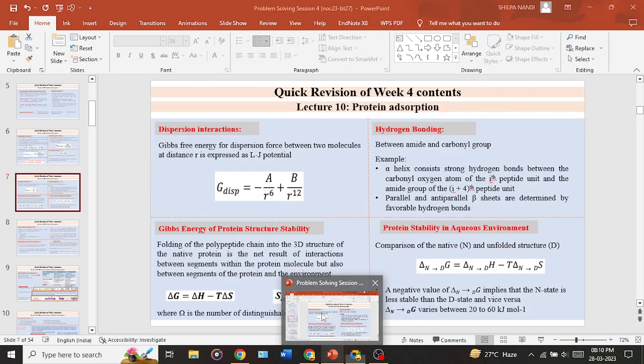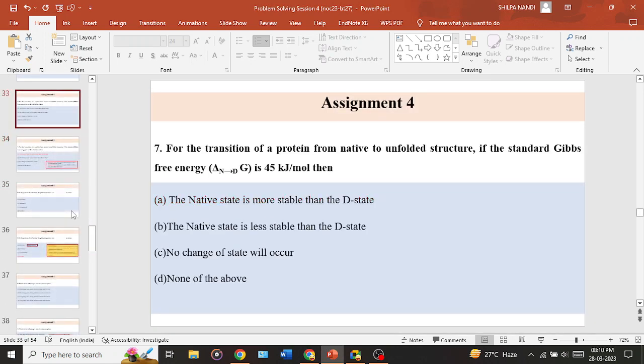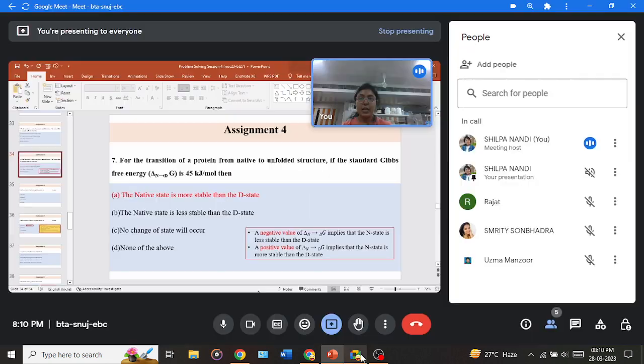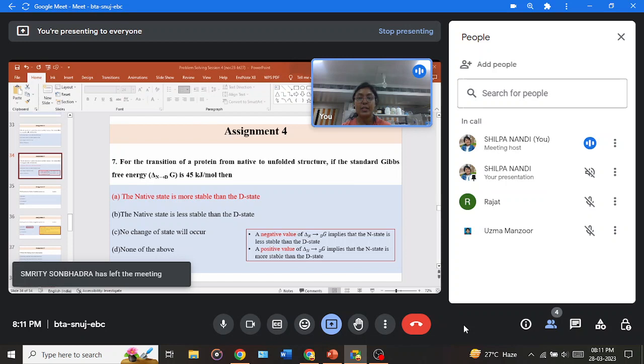So if we go back and answer this question, the correct answer will be option A, that the native state is more stable than the D state. The value given here is 45 kilojoule per mole, a positive value, and hence the N state is more stable than the D state. If it had been a negative value, the N state would be less stable than the D state.